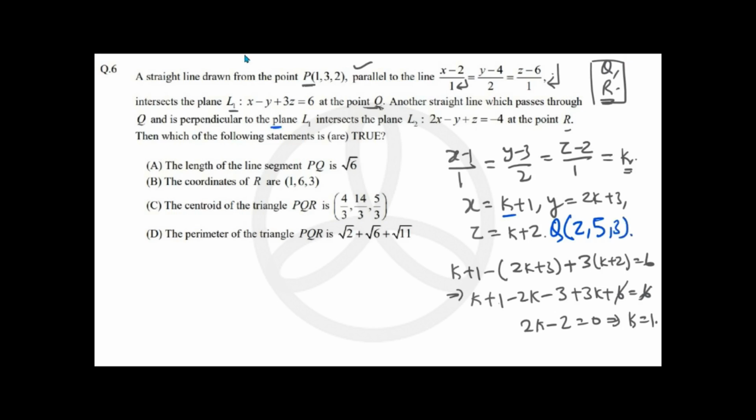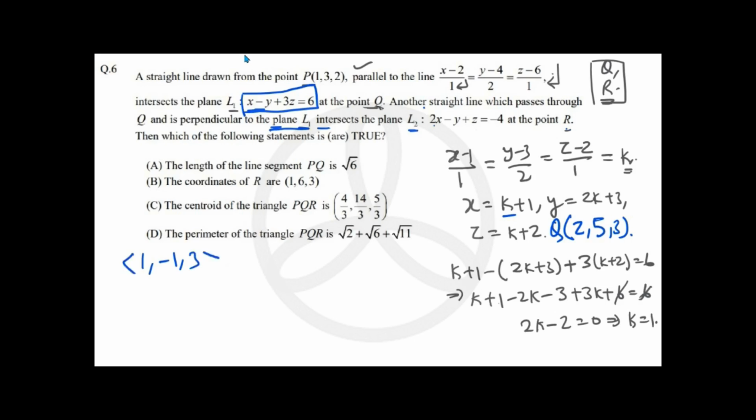Now there is one more line which is passing through point Q and intersecting this particular straight line perpendicularly. It is perpendicular to plane L1 and intersects plane L2. Another straight line passes through this point, and we can take the directional cosines from this one, which is a multiple of A, B, C. The directional cosines of plane L1 are 1, minus 1 and 3.